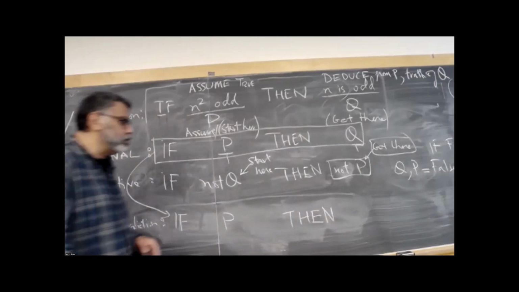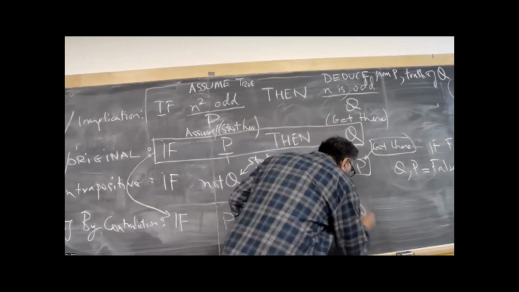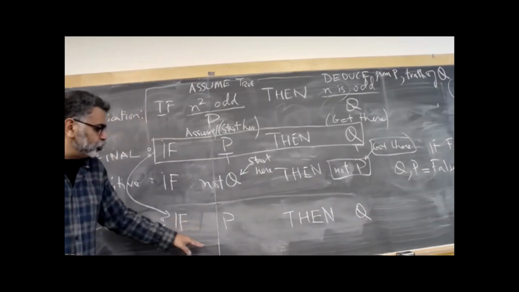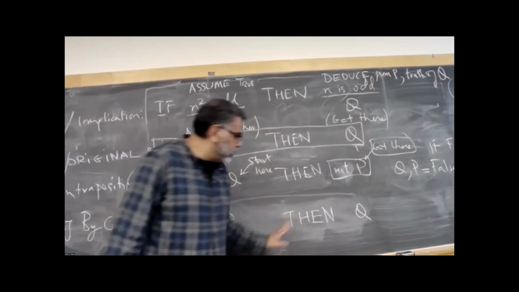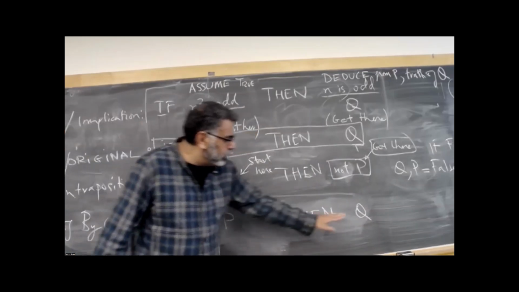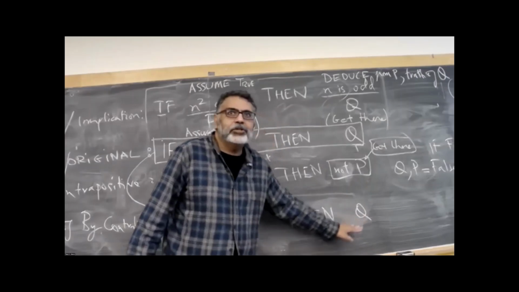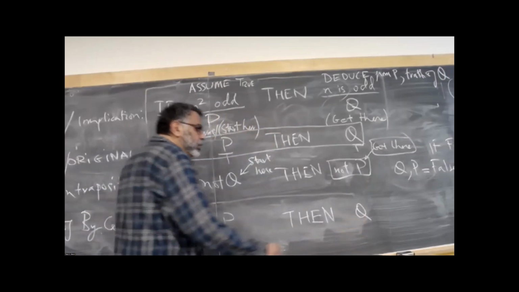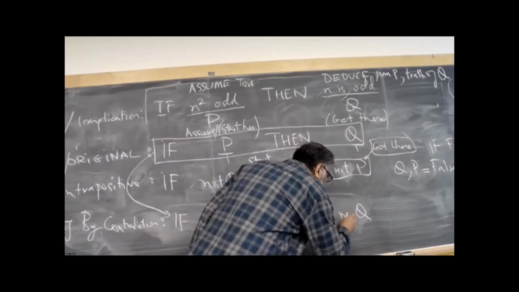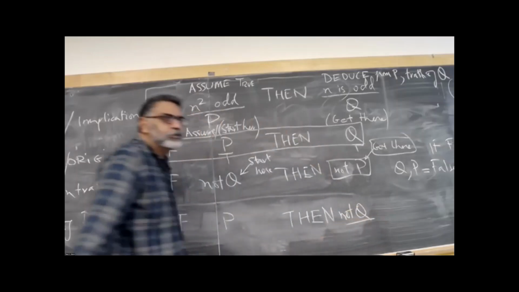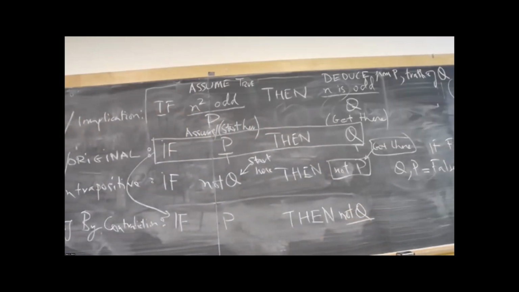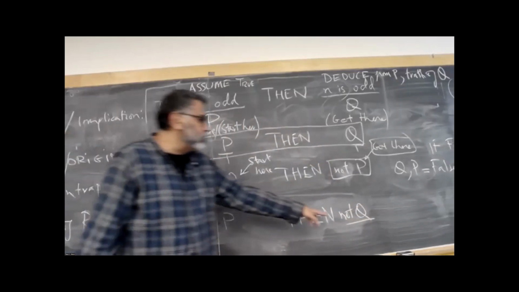This is saying if you assume P to be true, and if you can reduce from P to Q, then Q will be true. What we do right now is we say that not Q is actually true. So we take the opposite of the conclusion.